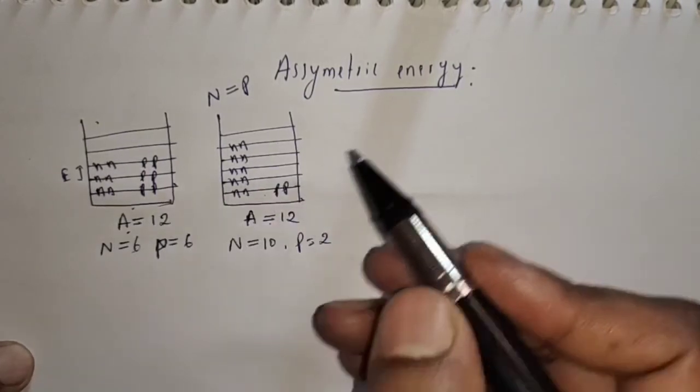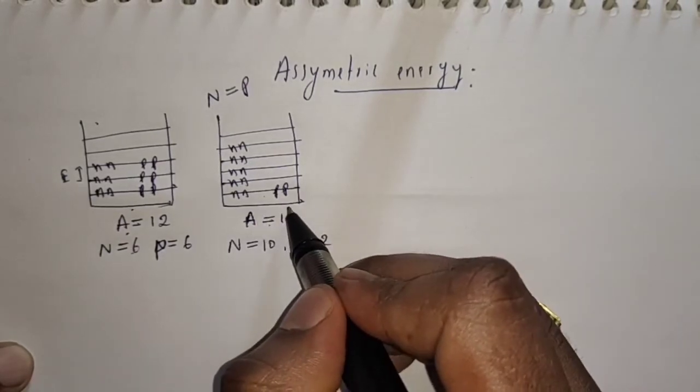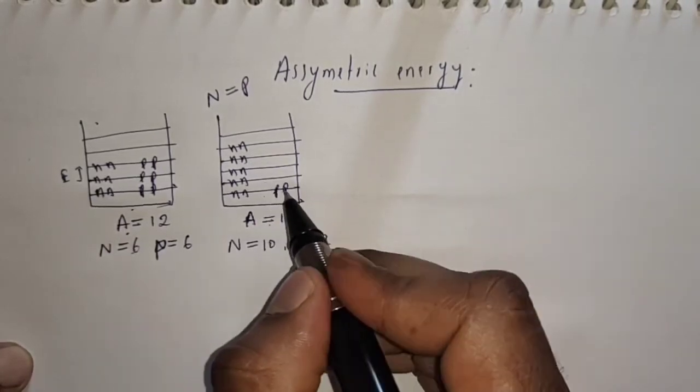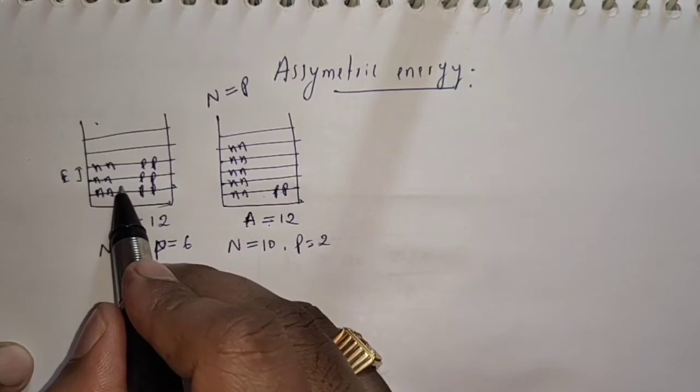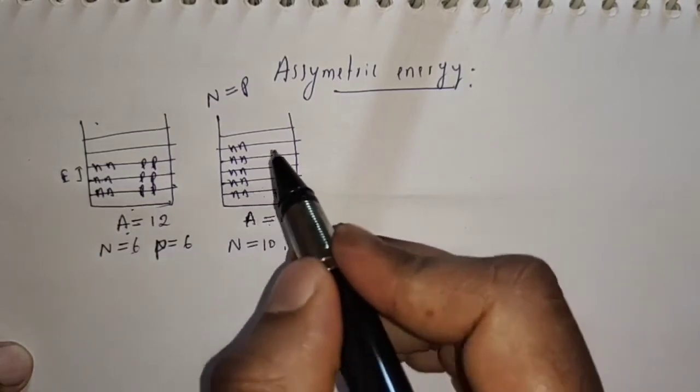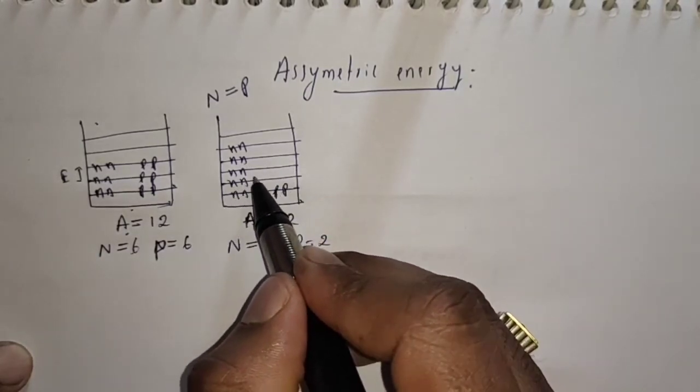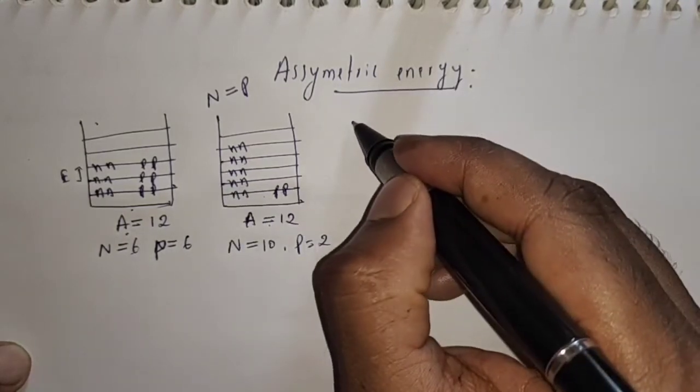Let us suppose, as compared to this system, there is an excess of 8 neutrons. Let us write it.